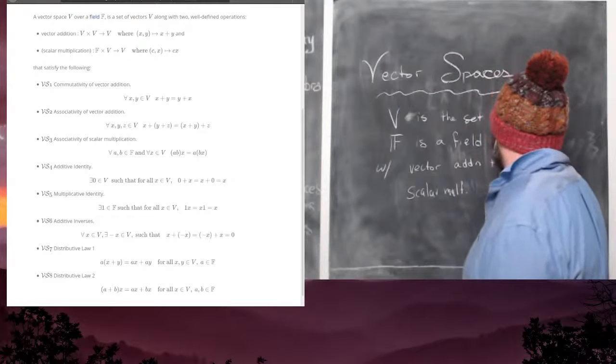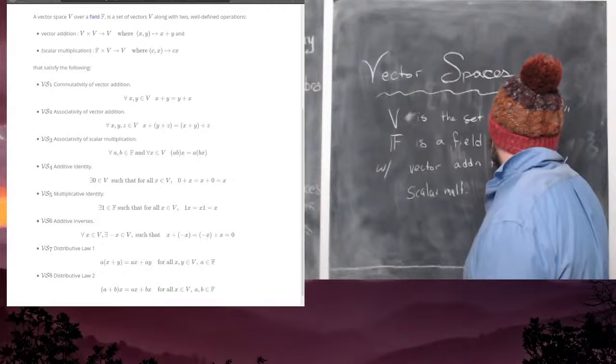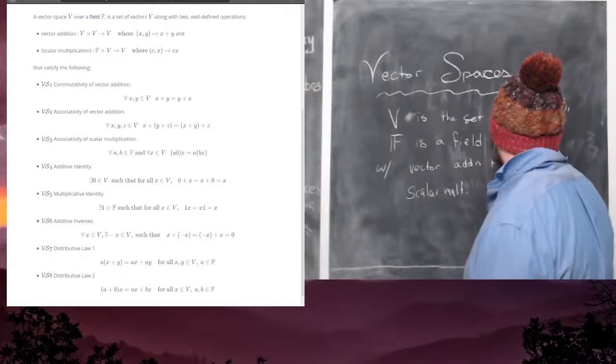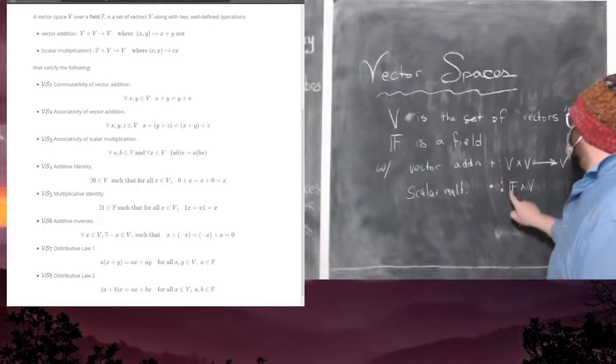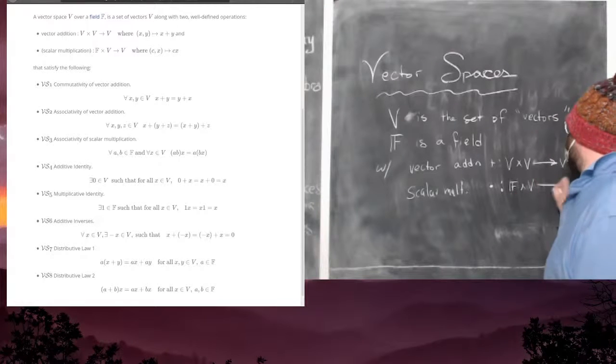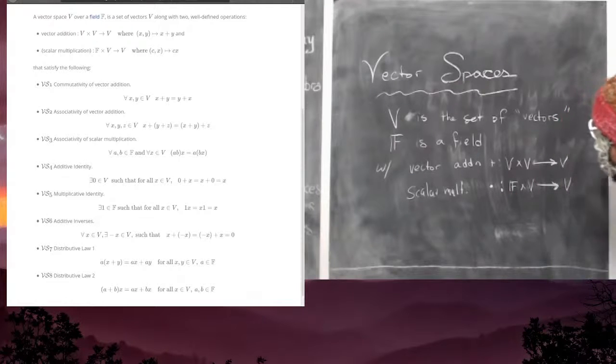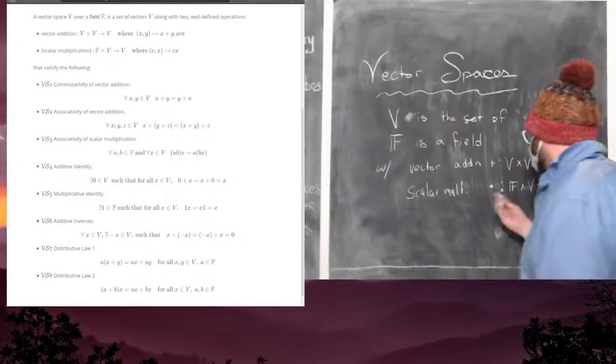This goes from the direct product of the field and the vector space back into the vector space. So what does this mean? It means you take 2 vectors.